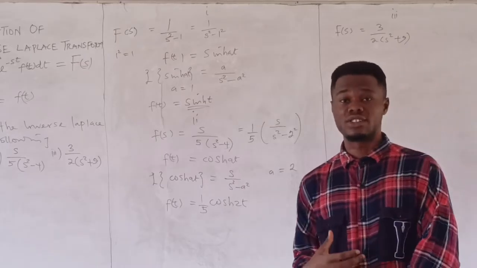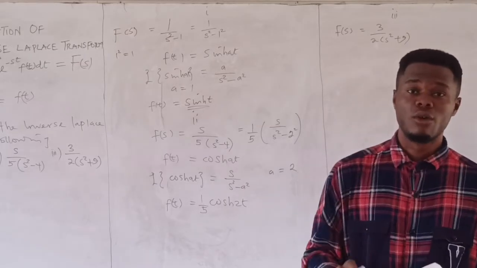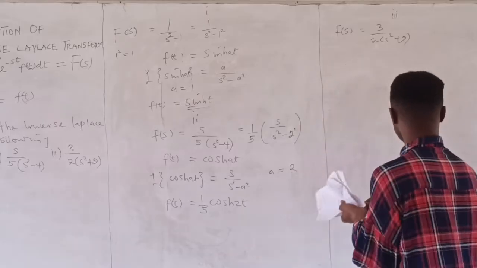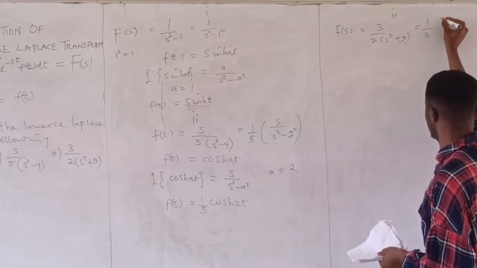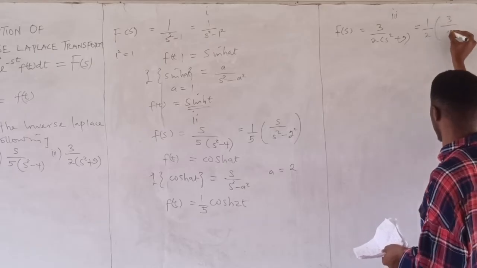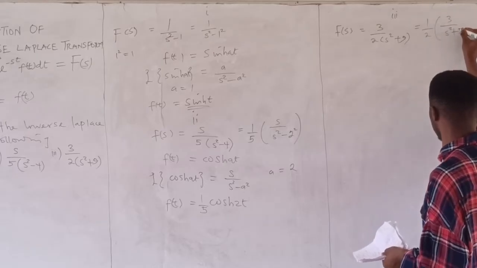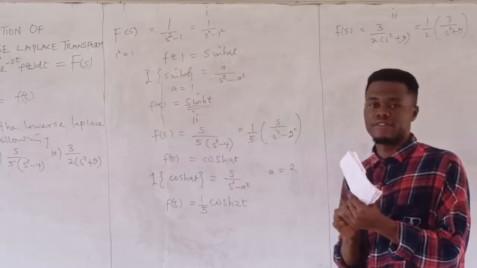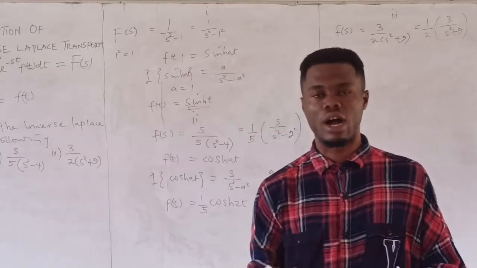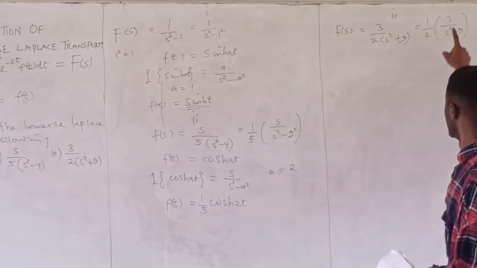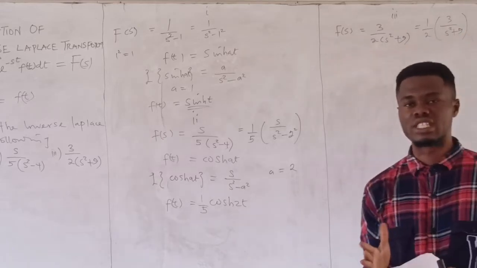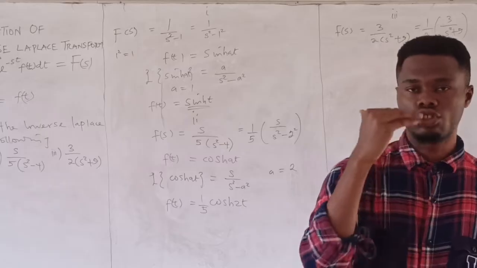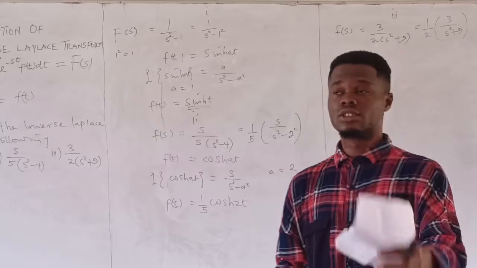So this is now equal to 1 over 2 into 3 over s squared plus 9. I would advise you, when you are trying to factor out, do not touch the numerator. Always factor out the constant in the denominator. Do not touch the numerator. Alright? So now let's continue.